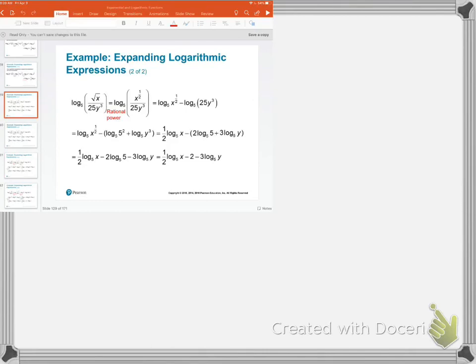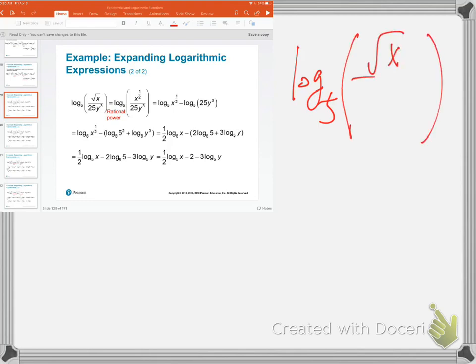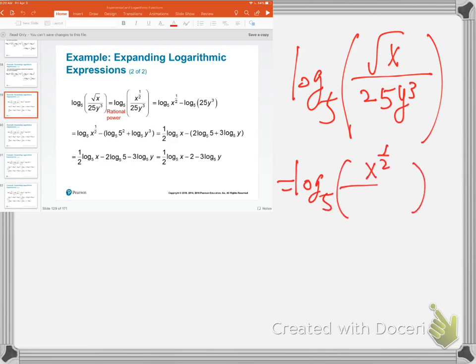One more example. Log 5 of radical x over 25 y cubed. So first we change radical x to a rational power. So this is log 5 of x to the 1/2 power over 25 y cubed. And then for this quotient, we use the quotient rule.